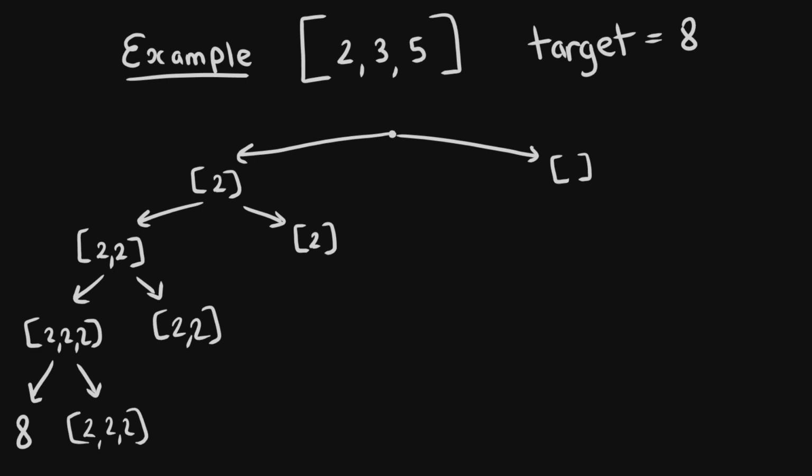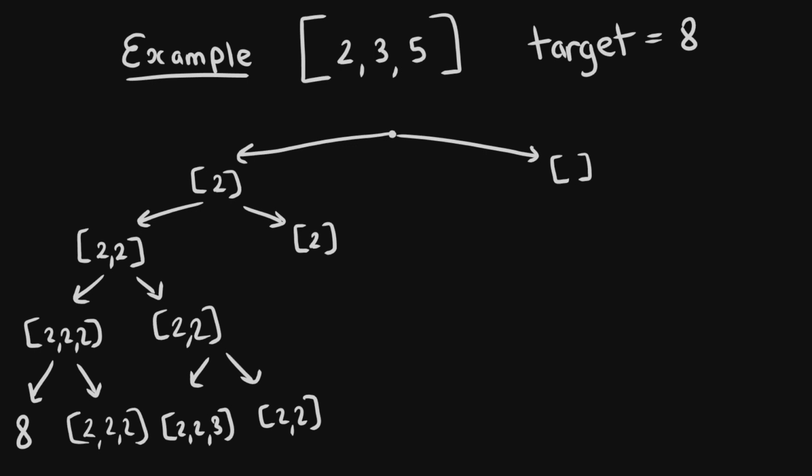So in this case, we have the choice to either add a 3 or not add a 3. Then let's kind of make those decisions. So we have 2, 2, 3, or we have 2, 2. And if we continue down this path, we can either take another 3 or we can not take another 3.